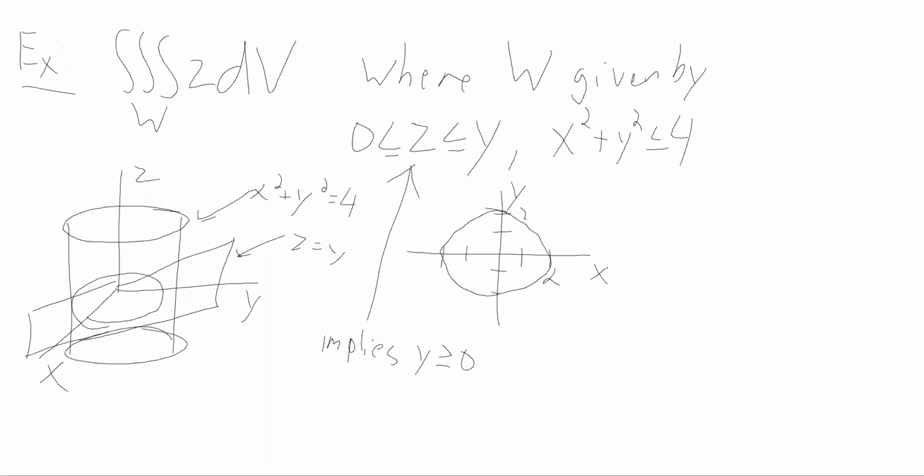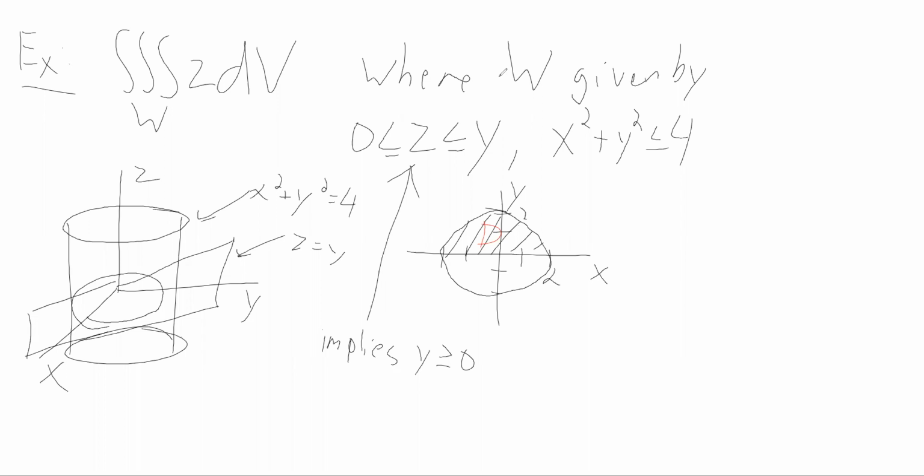So we're only getting the top half of this circle in the xy plane. This one's a little tougher to see. But any questions about where our region D comes from here, where x and y live?